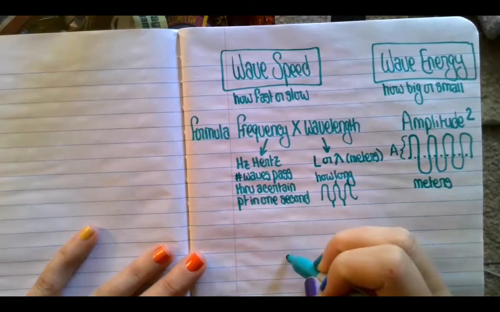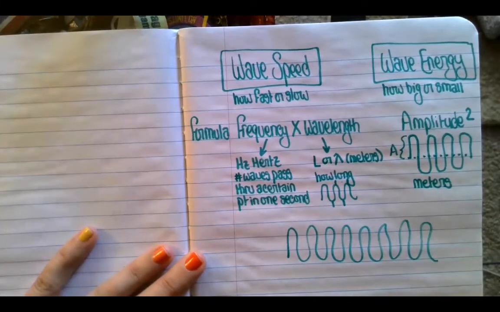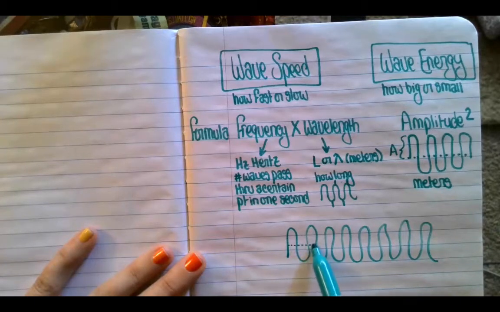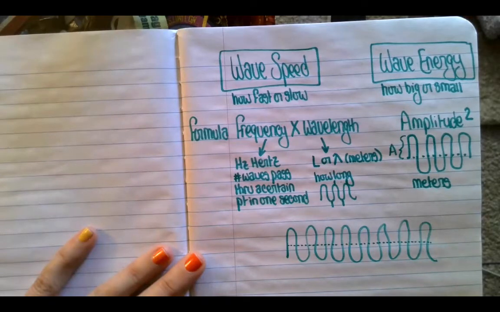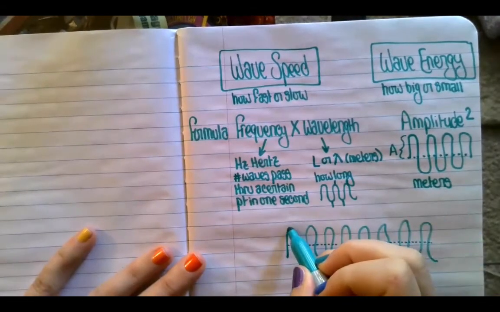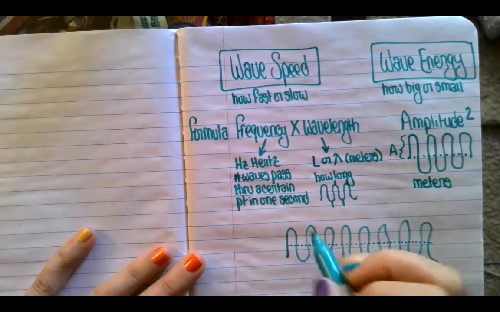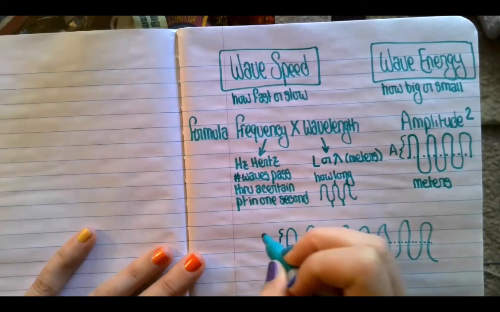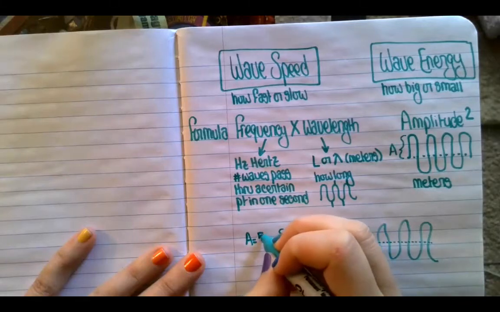So if I just gave a wave, we can use its properties to figure out how much energy it's carrying and how fast it's going. And the better we can make both efficient, the more technology we get and the more energy we can get in our homes and all sorts of applications. So using this midline, I can say that the amplitude from this midline to either the crest or the trough, doesn't matter, is A equals, let's say 5 meters.